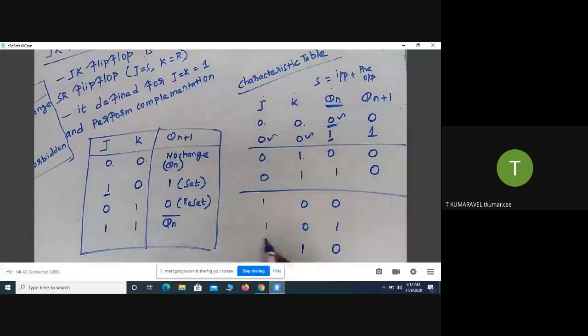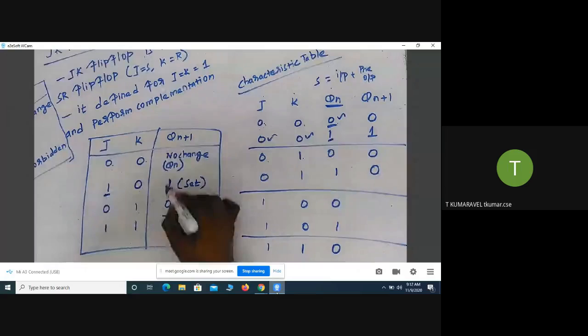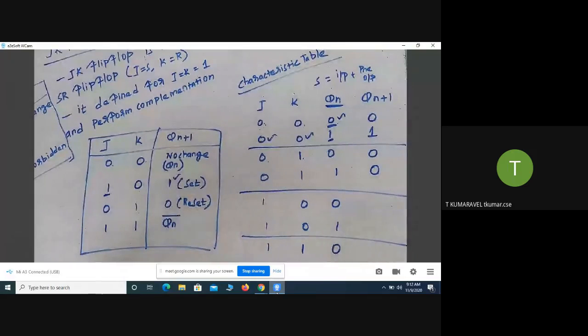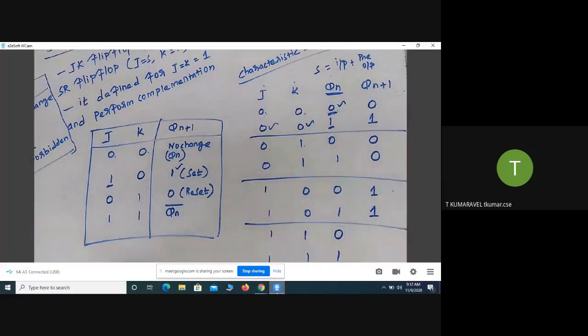Yes, sir. Next input combination: 1 0. Look at the table. With 1 0, it produces output equal to 1. While predicting the output, it does not consider the previous stage output. Next, 1 1. It is okay for you?